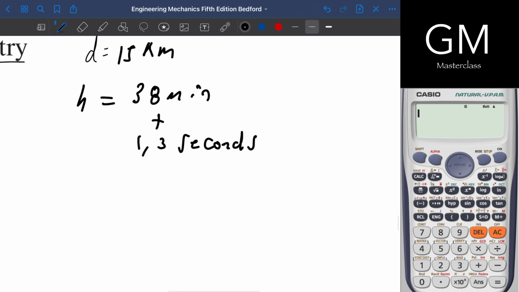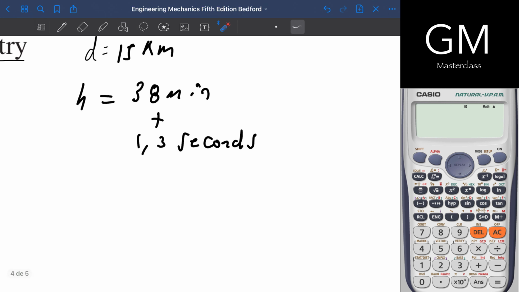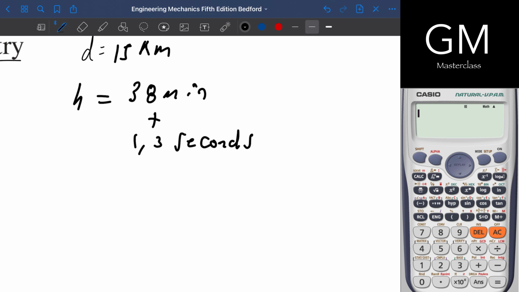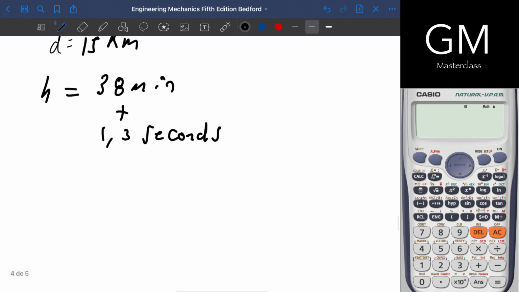So what I'm going to do is to find an equivalence between minutes to seconds for me to add these 1.3 seconds and have the time in just one type of units.